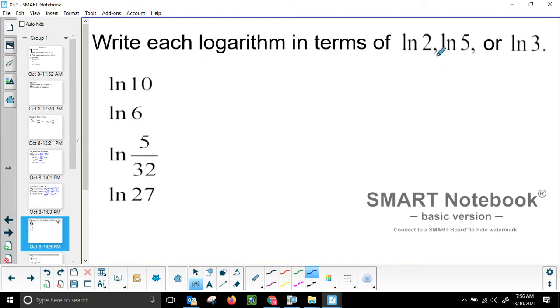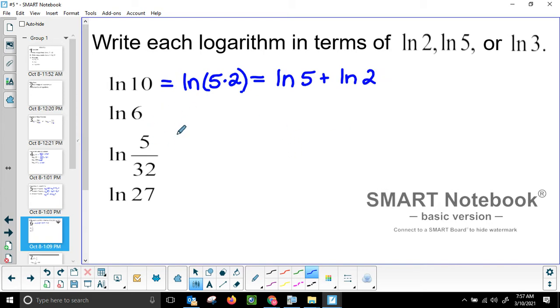Write each logarithm in terms of ln2, ln5, or ln3. Using the properties we just wrote down, we can rewrite 10 as 5 times 2. So then, of course, we can use our product property to say this is ln of 5 plus ln of 2.